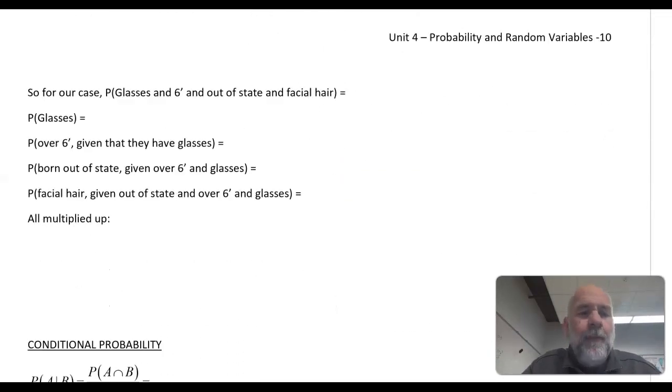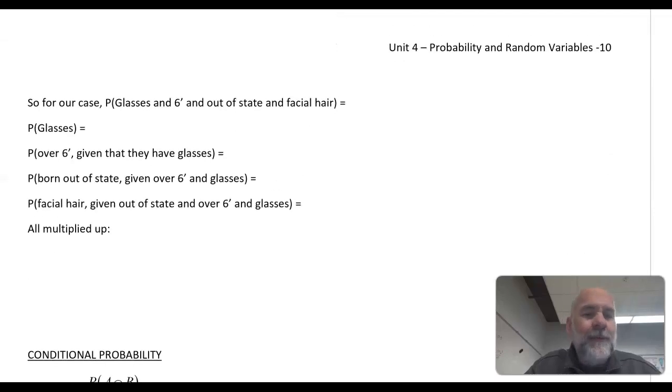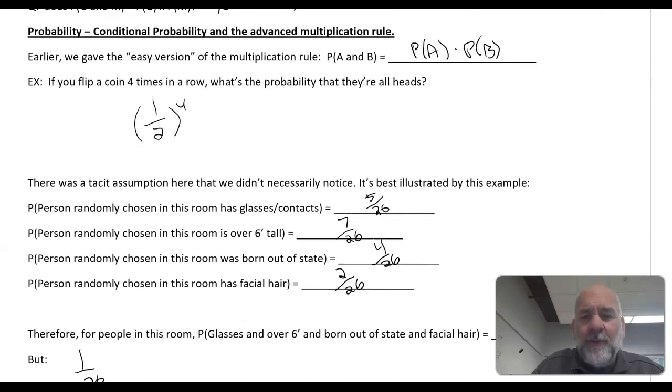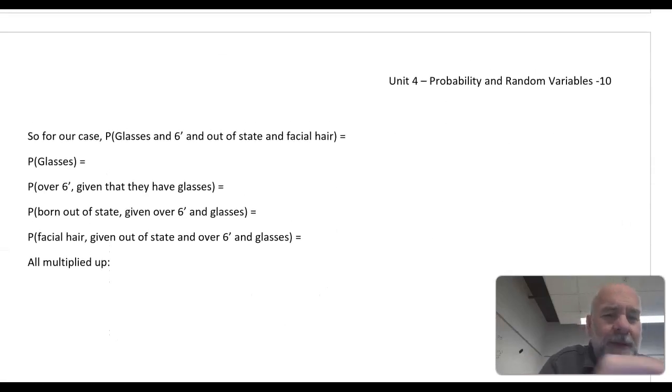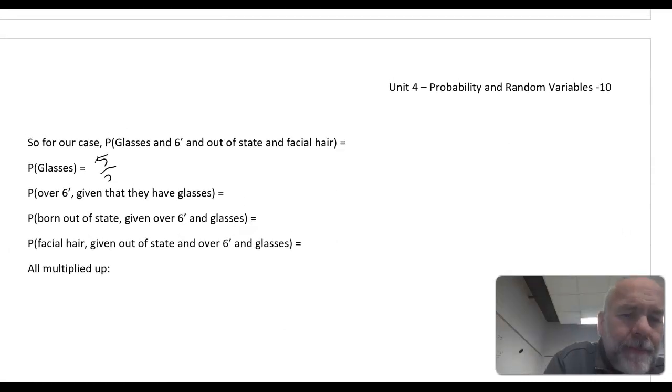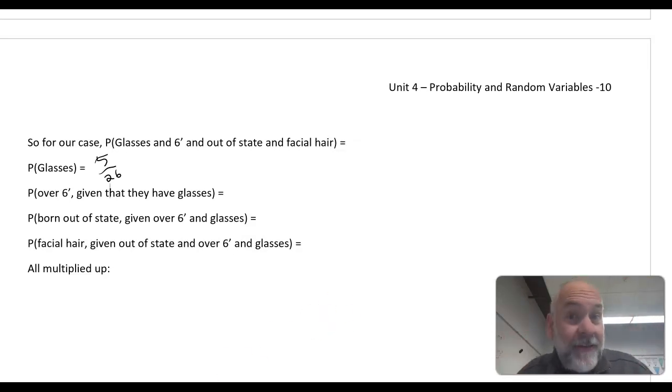Okay? So, I'm going to have to make up the numbers here, like before. The probability of glasses, we said it was 5 out of 26 with my made up number. And then we say, what's the probability of them being over 6 feet tall, given that they have glasses? So this means that you know the person has glasses.